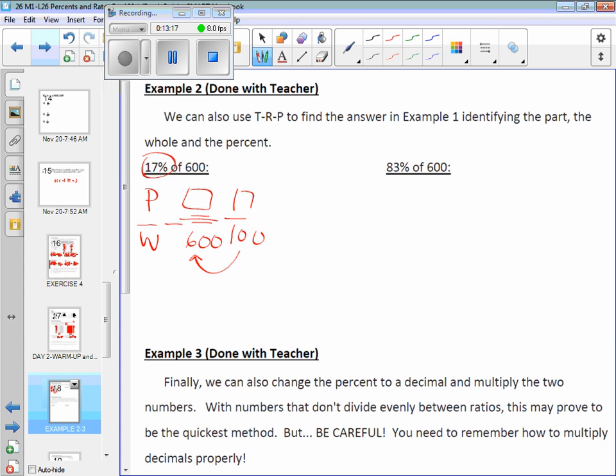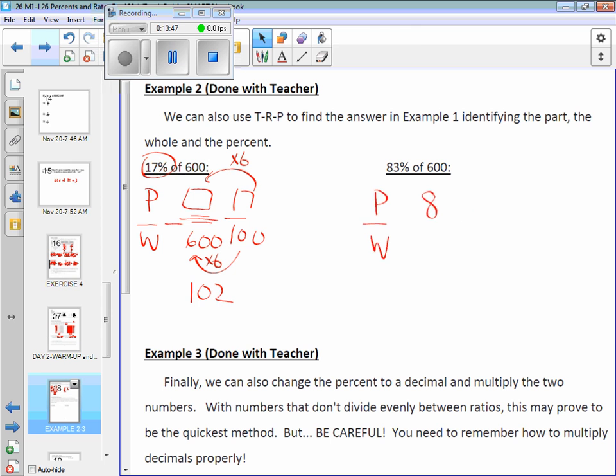What is my constant? What am I multiplying by? Times 6. 17 times 6, don't even bother. You did it on the previous page. What's our missing number? 102. Same thing with this.